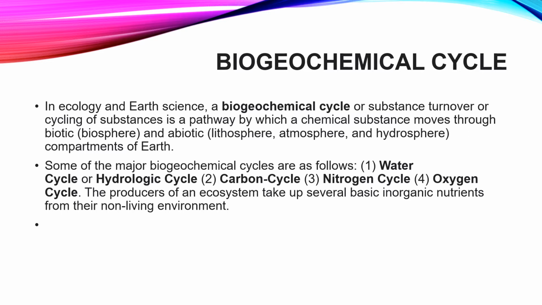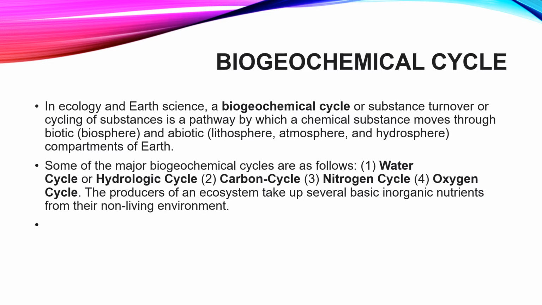Some of the major biogeochemical cycles are the water cycle, because it is also considered a biogeochemical cycle as it passes through the abiotic and the biotic. Second is carbon cycle, nitrogen cycle, oxygen cycle, and some cycles are interconnected.